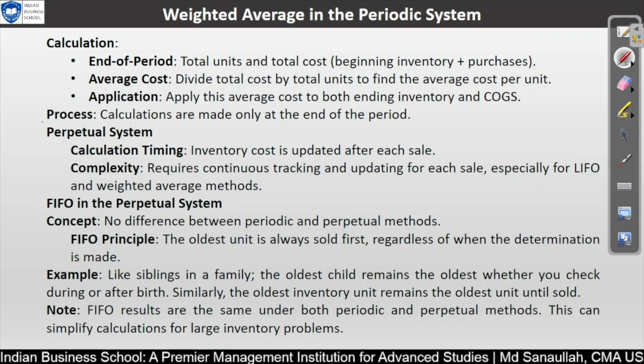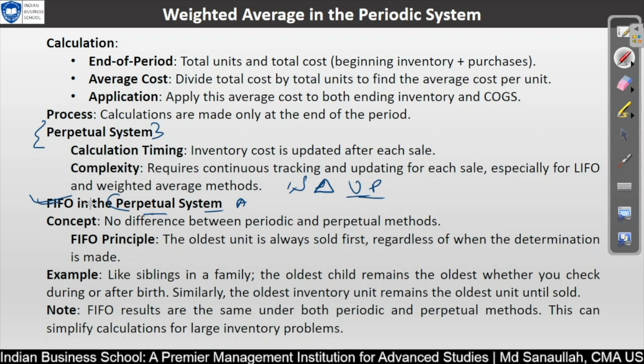With regard to this perpetual inventory system, for FIFO and for LIFO also we can apply it. Now the other point is with regard to FIFO. In a FIFO perpetual system, as you know, for every single sale they will update the price.